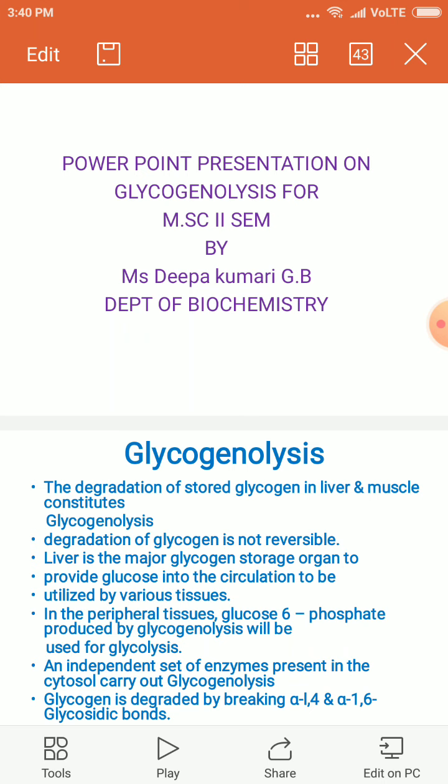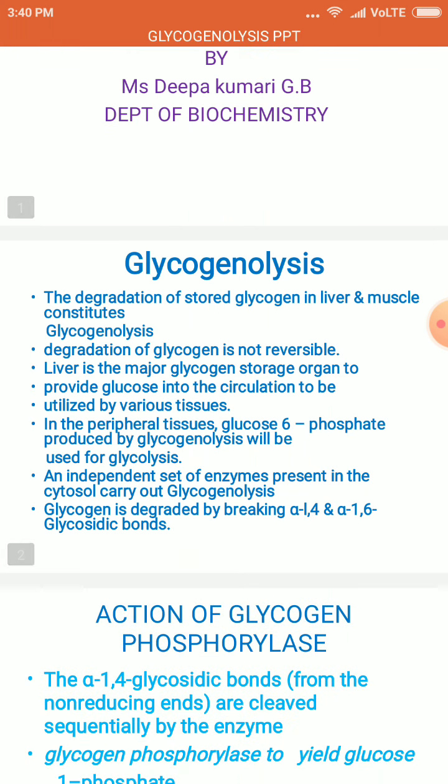This glycogen is going to be degraded mainly by breaking alpha 1,4 as well as alpha 1,6 glycosidic bonds. I have already taught you in the last class where will be the formation of alpha 1,4 glycosidic bonds between two glucose residues in the linear chain of glycogen molecule, and how the branching is going to happen.